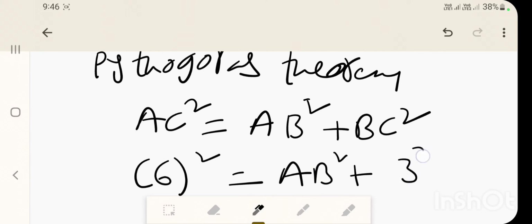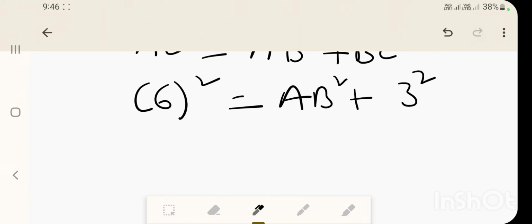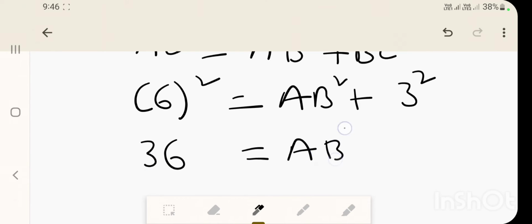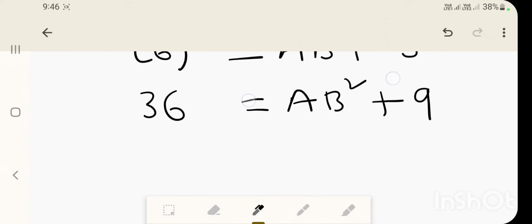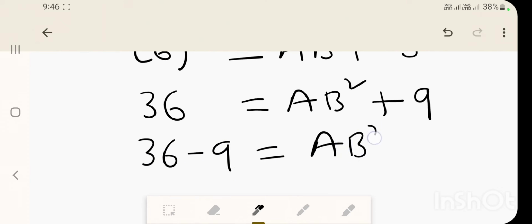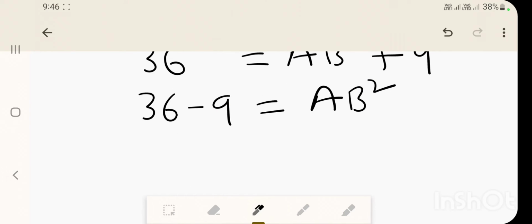So 6 square is 36, equal to AB square plus 3 square, which is nothing but 9. Now we bring this 9 to the left hand side, and we get 36 minus 9 is equal to AB square. We know 36 minus 9, how much do we get?